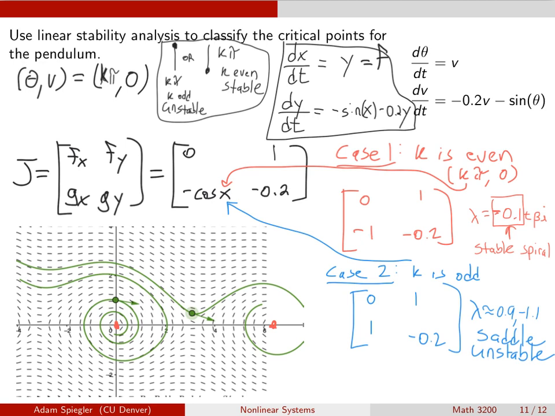And when we multiply by an odd integer, then we're at multiples like pi and 3 pi and so on. These are unstable, so these are actually saddle points. There are some eigenvectors that go in, and this one would be going out. So these are these little saddles.